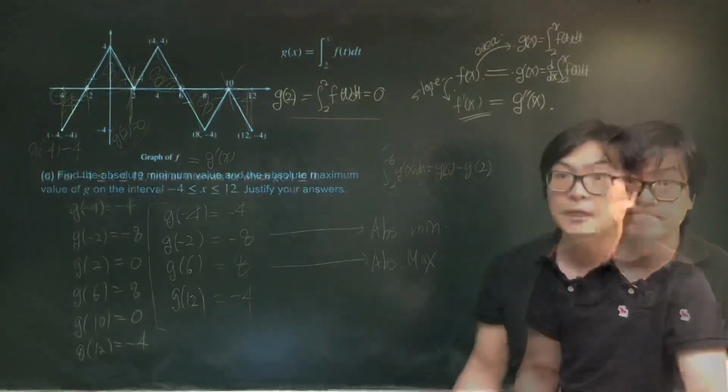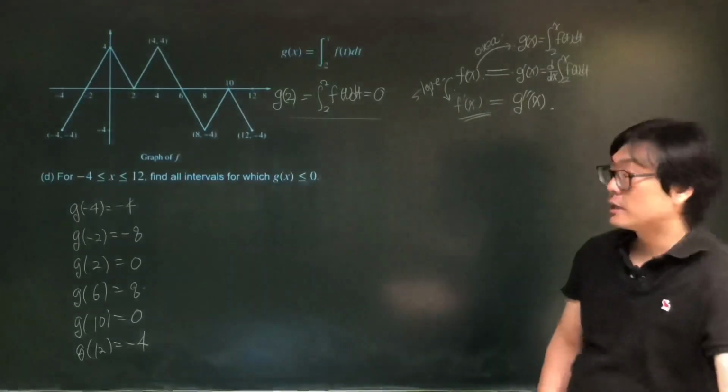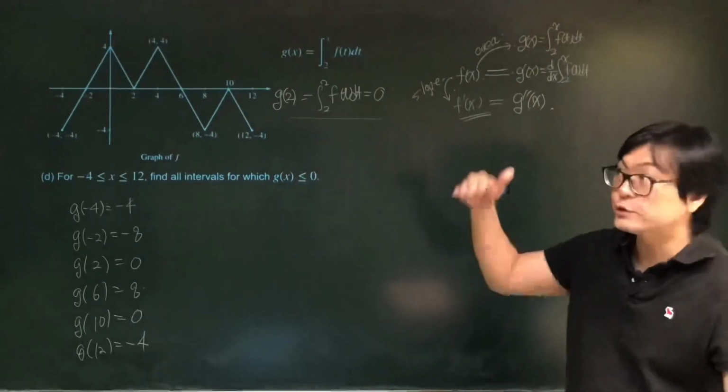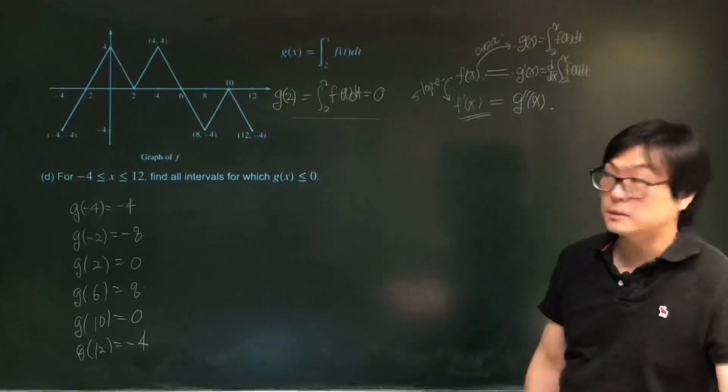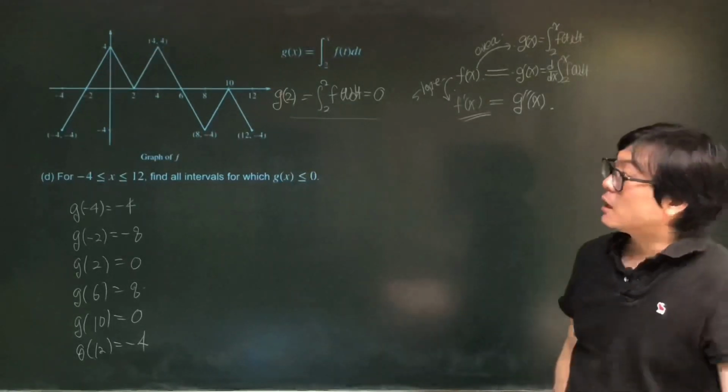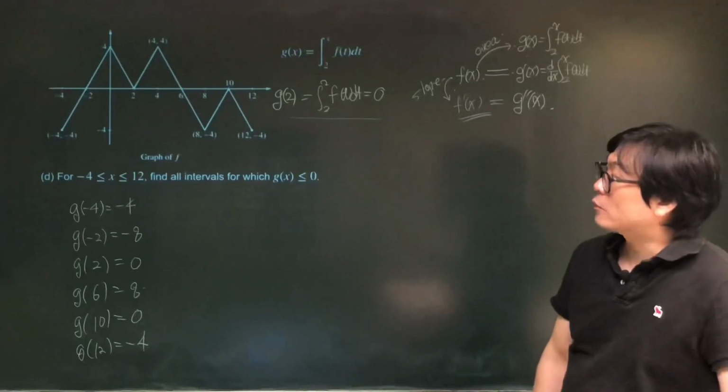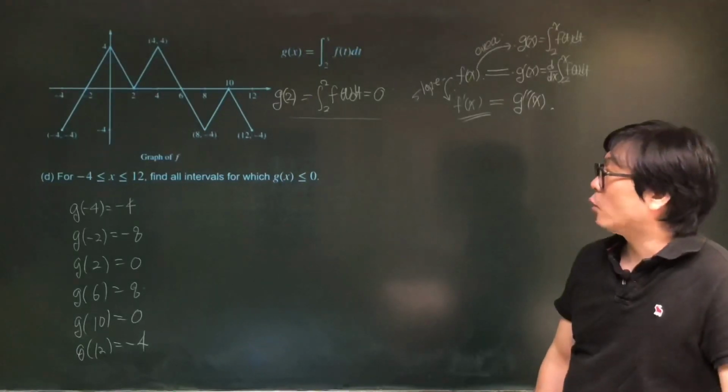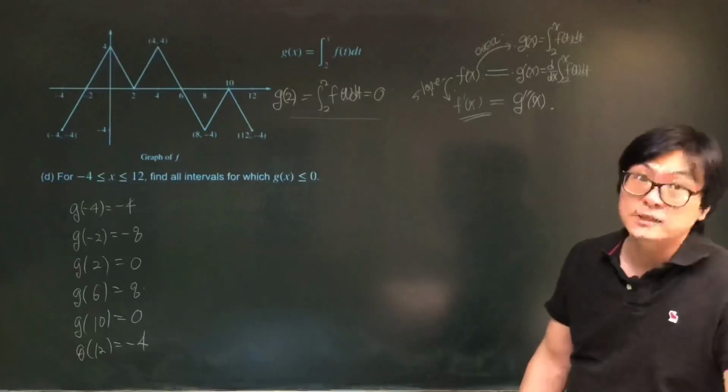Okay. D is a simple short question. If you got the right answer up to C, D, you cannot miss it. Okay. For D, for the negative 4 to 12 interval, find all intervals for which g of x is less than 0.